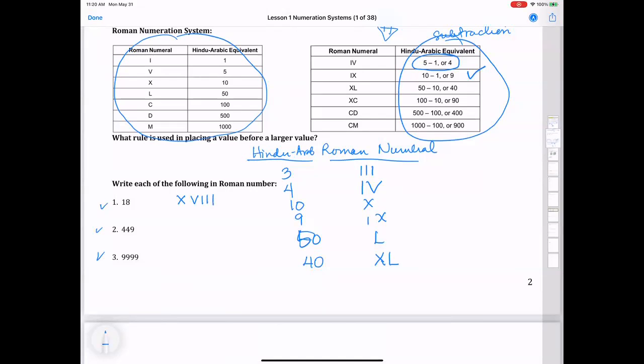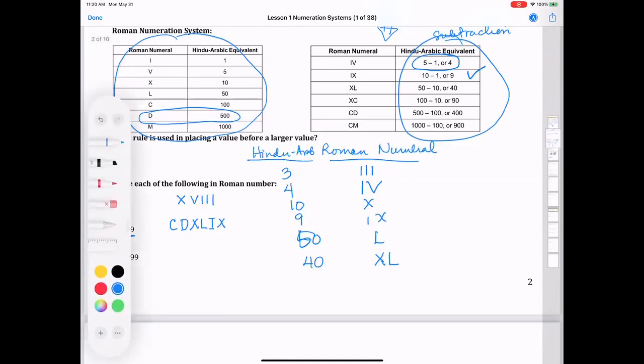Since the closest value to 400 is 500, we need to use D to represent 400. So that means we have a D, take away a 100. That's a 400. And then we will use a 40, which means it's an L, 50, take away 10. And then a 9 will be an X, take away 1.